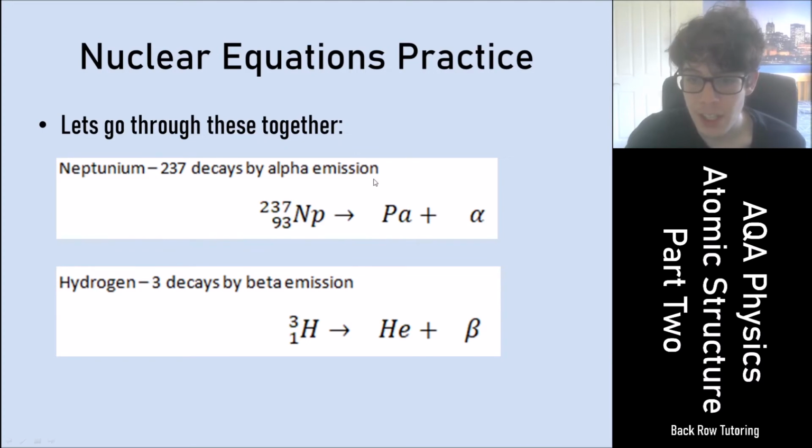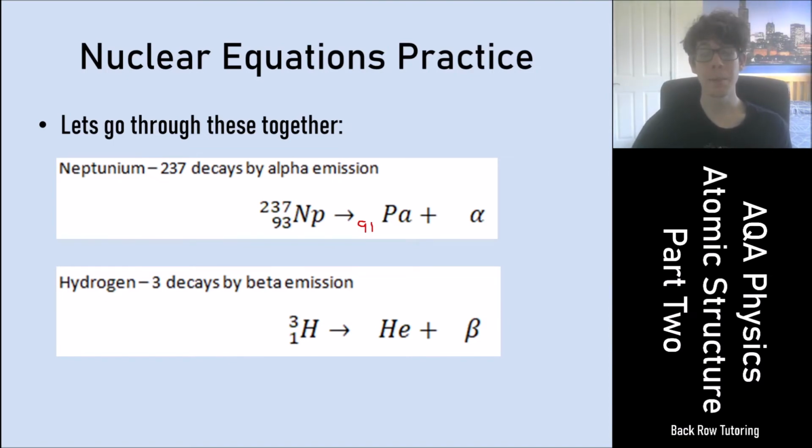Remember, alpha emission, we go down the periodic table 2 spaces. So neptunium decays to this. So if we have alpha emission, we know that we have lost 2 protons. So our proton number was 93, but now it's 91.